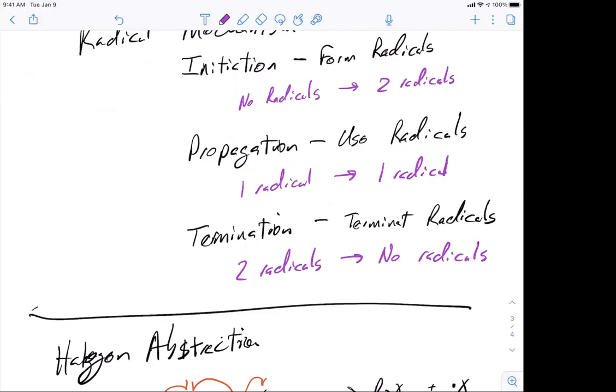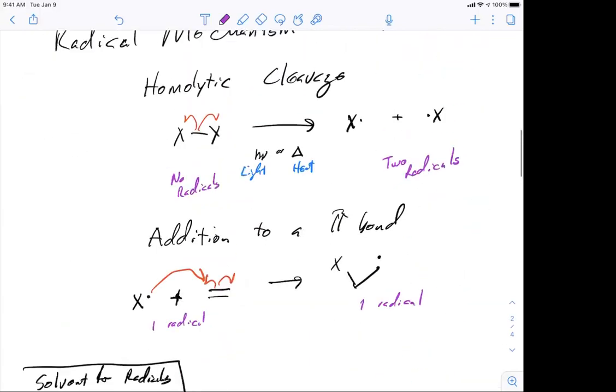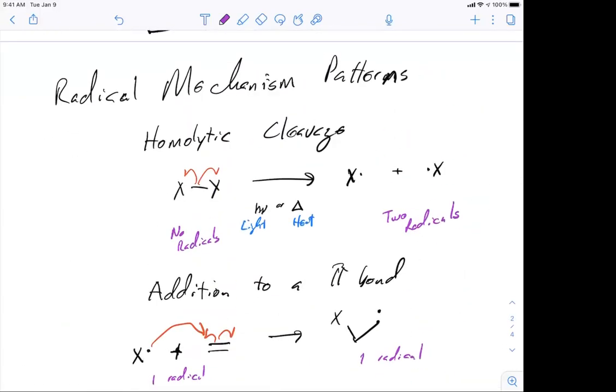And so if we look at this kind of outline, that means that the only real initiation step is going to be homolytic cleavage. Now, an initiation step in a mechanism, as we'll see later, may have more than 1 step, right? There may be 2 steps to this, but the initiation will result in 2 radicals, which is going to have to involve a homolytic cleavage.